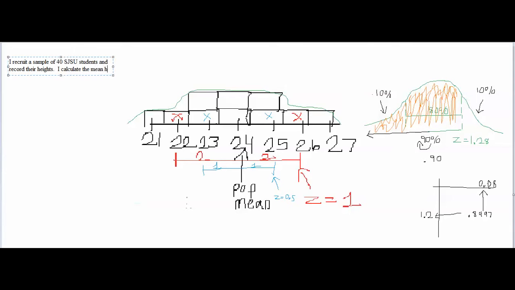I calculate the mean height of the sample by adding up their answers and dividing by 40, and it turns out to be, let's say, 62 inches.